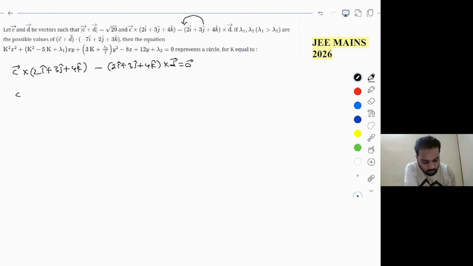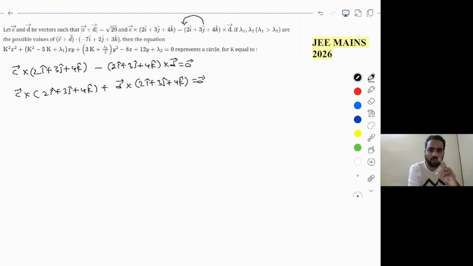But I will change the order of the vectors in the second term, that is c bar cross 2i plus 3j plus 4k plus d bar cross 2i plus 3j plus 4k is equal to 0 bar.